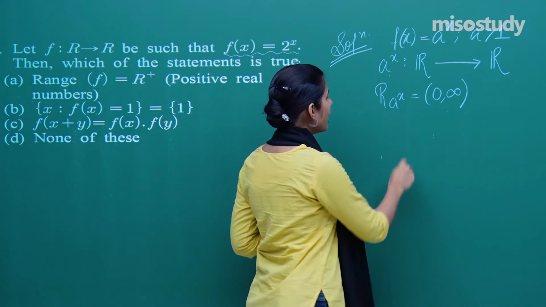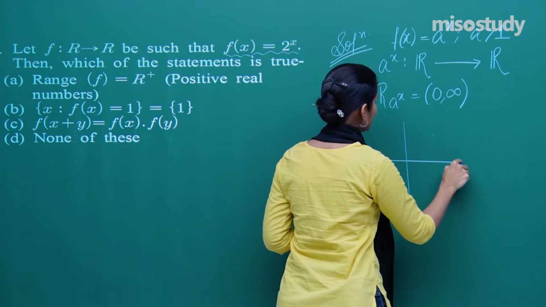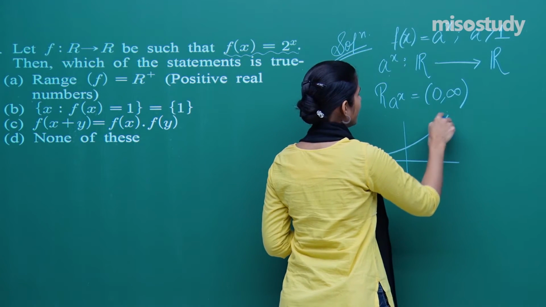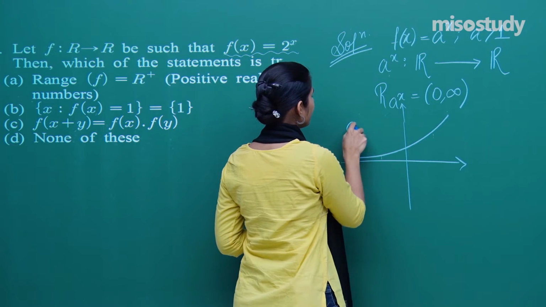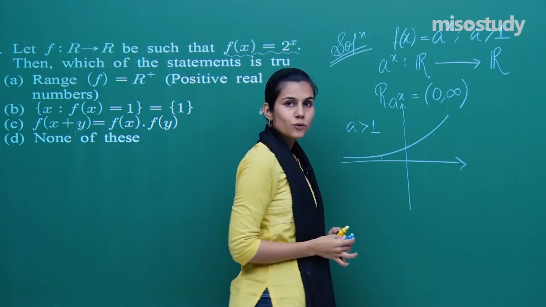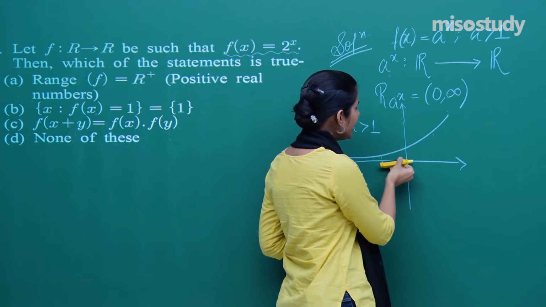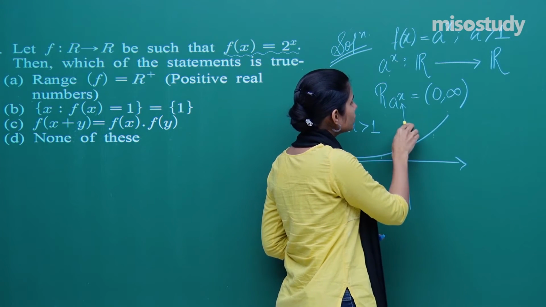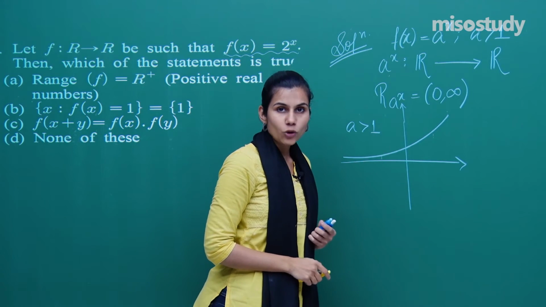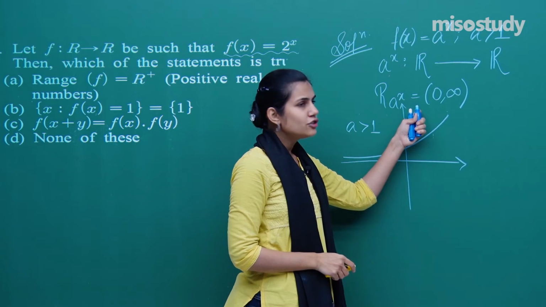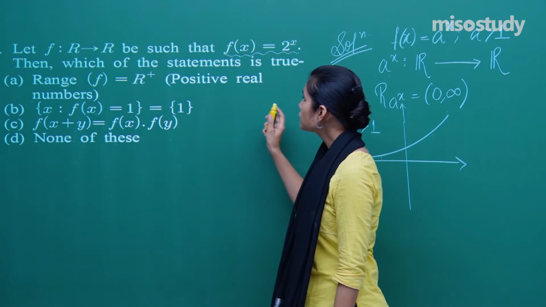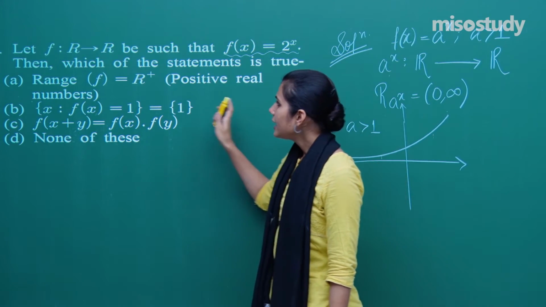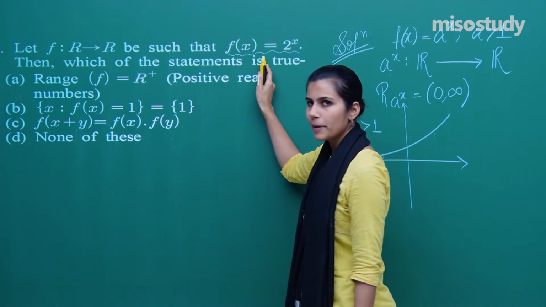We know that the graph of a to the power x goes like this for a greater than 1. That means it only covers real values which are greater than 0. That's why range is equal to the open interval (0, infinity). And so the question is saying, what is the range of 2 to the power x?